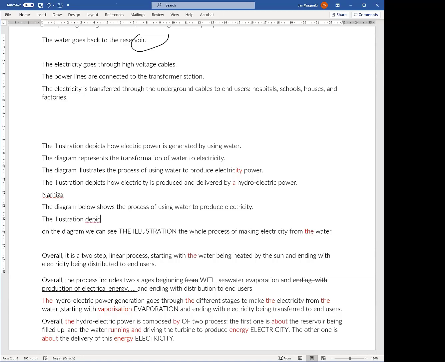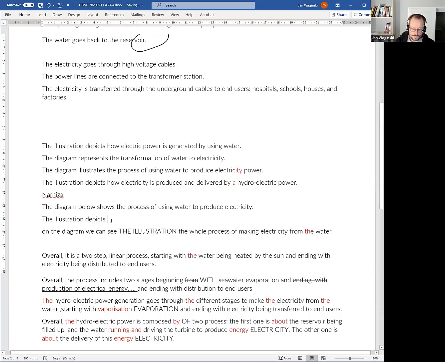I don't know. Depicts. Oh, it's new for me. Okay, the way to remember this is in the middle of that word, you've got picture, right? Picked. That's how to remember it. Depicts is the best synonym for shows.